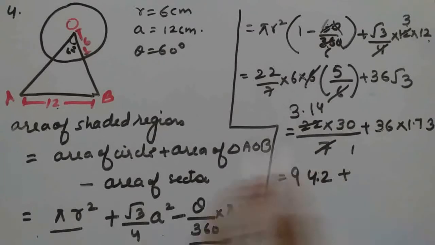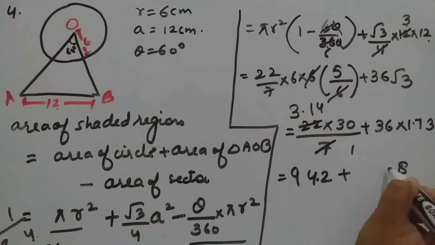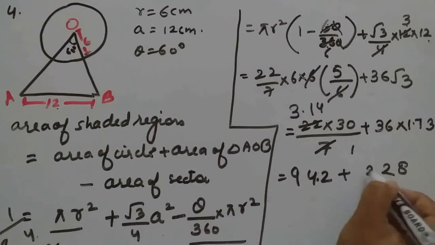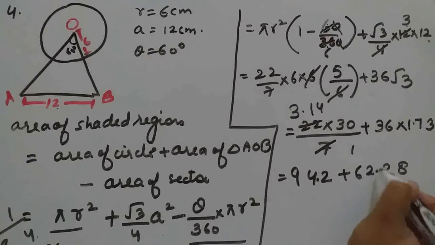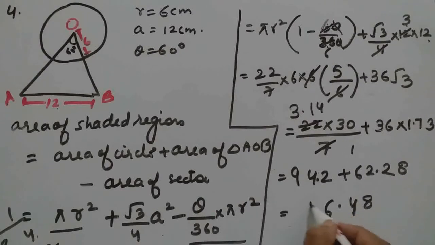So now 36 and 1.73 if you multiply, we will get final answer 82.6. After 2 digit decimal. So answer will be C, 84.61 centimeter square.